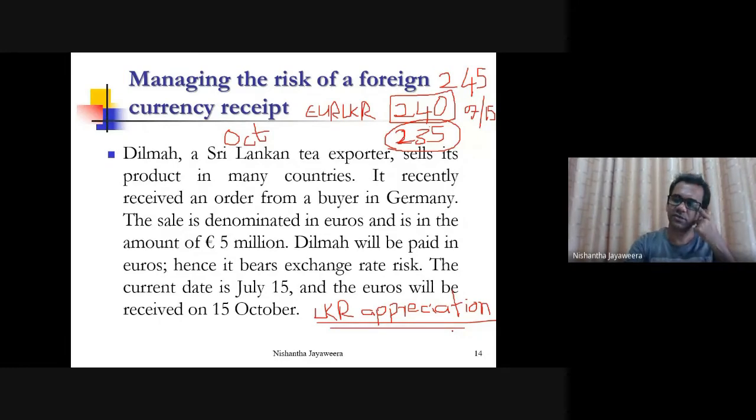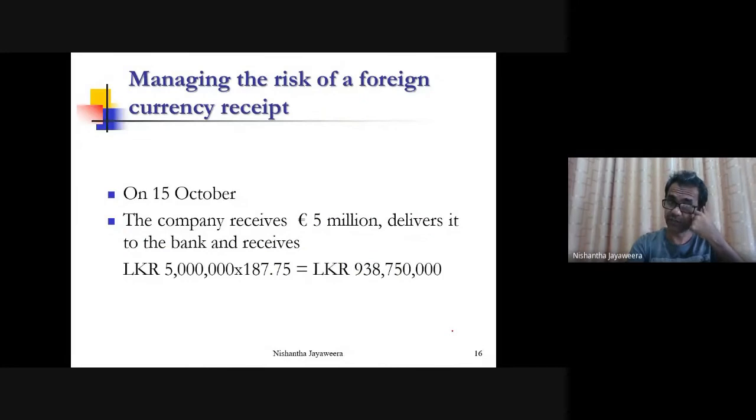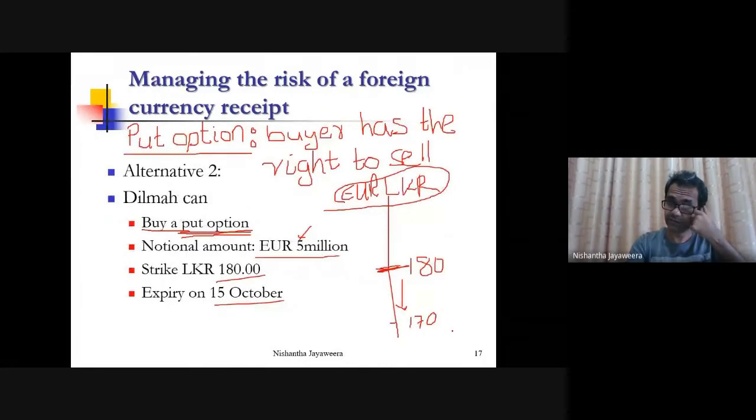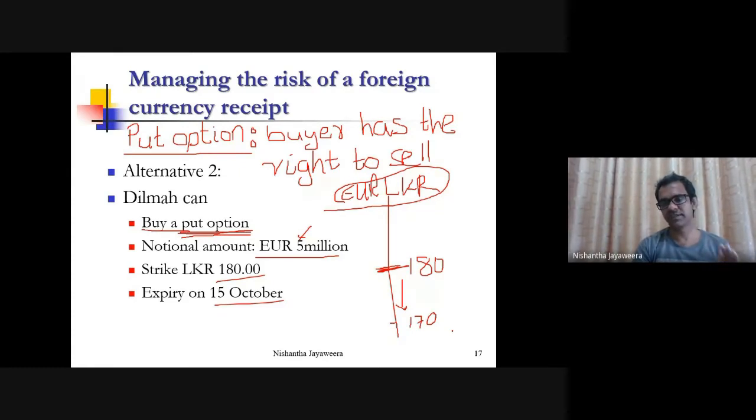Then what should be your action? Whether you buy a put option, buy a call option, sell a put option or sell a call option. What is the notional amount? What is the strike rate? What is the expiry? That you should be able to decide.